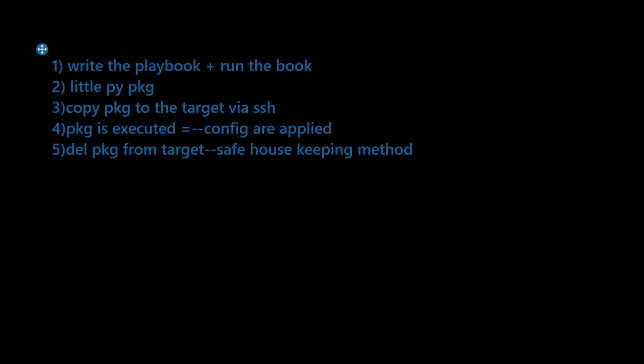You write the playbook and run the playbook. It will be calling the modules. At the back end, it will create a small Python package which will be copied to the target. Once it's copied to the target, this package will be executed and the configurations will be applied there. And then the package will be deleted from the target using safe housekeeping methods.